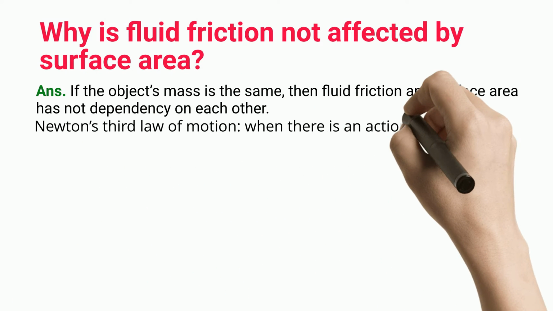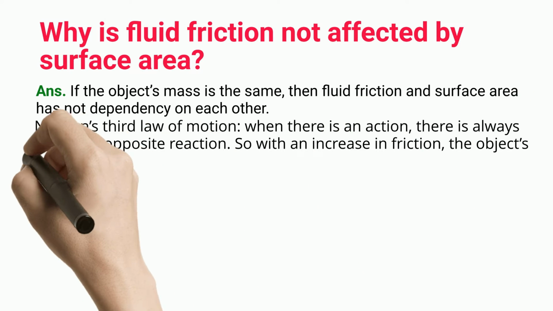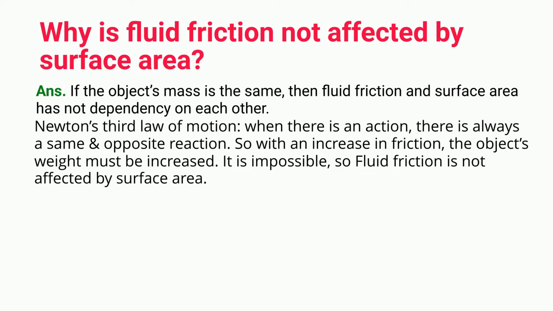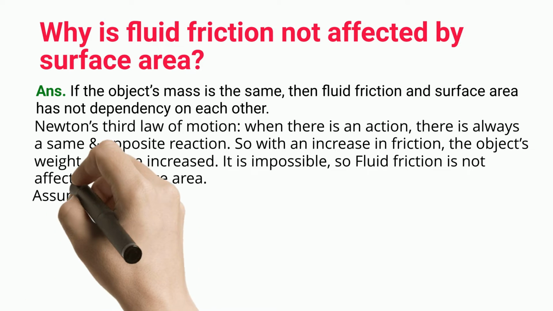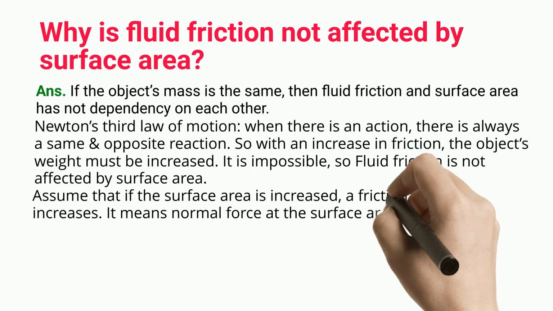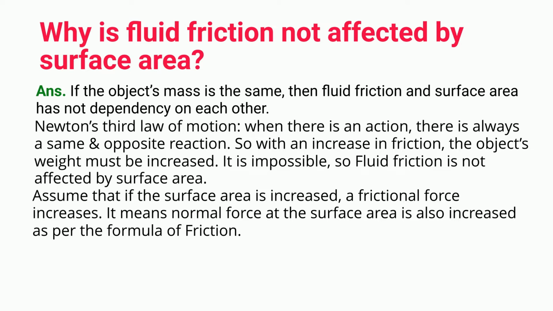Newton's third law of motion: when there is an action, there is always an equal and opposite reaction. So with an increase in friction, the object's weight must be increased. It is impossible, so fluid friction is not affected by surface area. Assume that if the surface area is increased, the frictional force increases. It means the normal force at the surface is also increased as per the formula of friction.